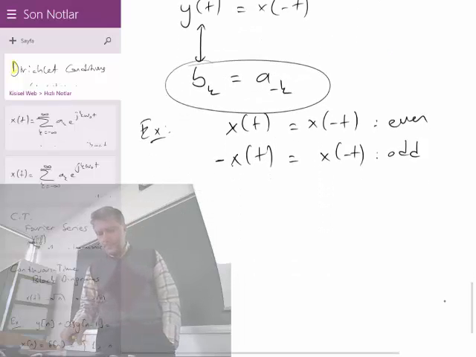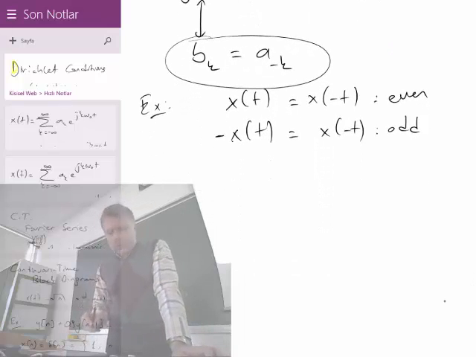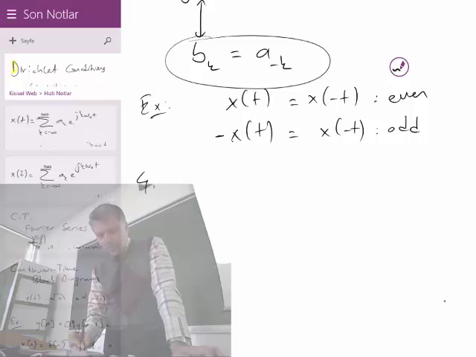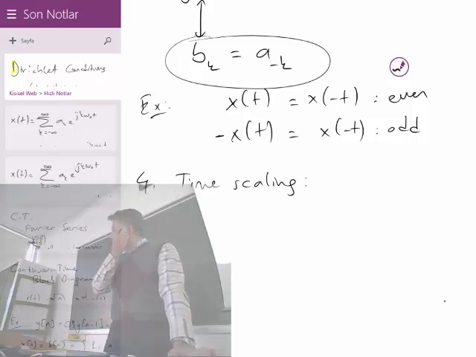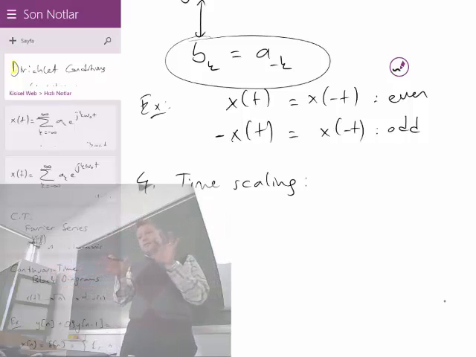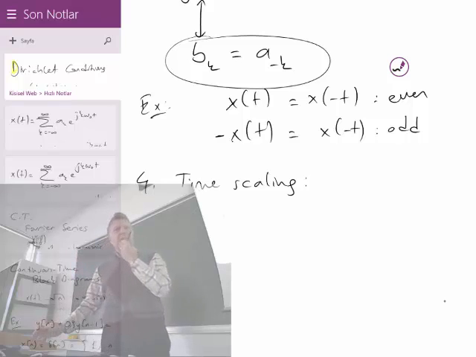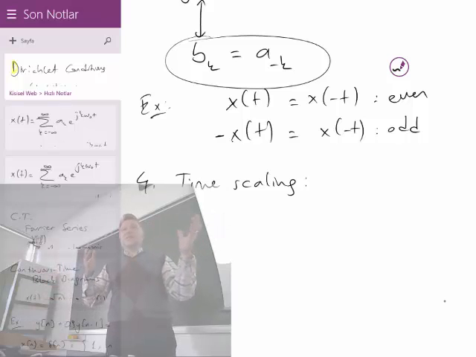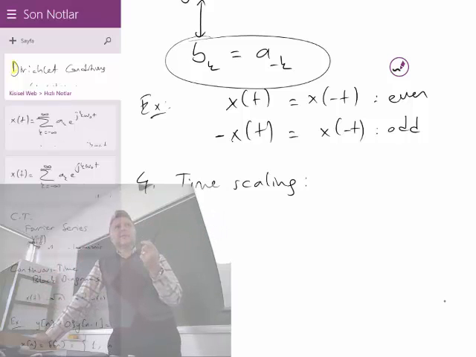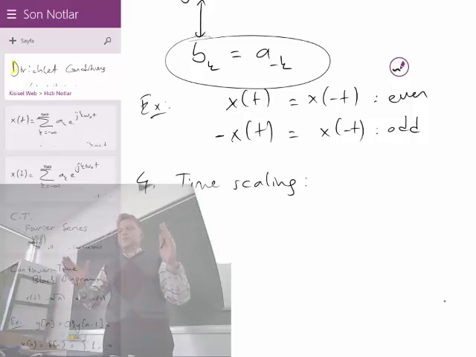Okay. Now the other one, that is time scaling. This is an interesting one, because when you squeeze the whole signal, does anything change in terms of the Fourier series coefficients? Think of a cosine omega 0 t. What were the Fourier series coefficients? It was 1 over 2 and 1 over 2, at minus 1 and 1.